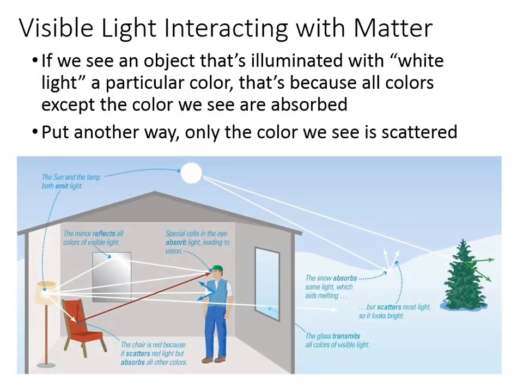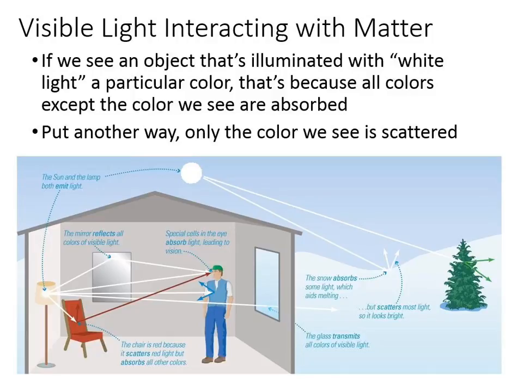We have sunlight landing on several objects here. It's a busy figure. If you see a white object, that means nothing is absorbed. If you see a red object, that means red is reflected and everything else is absorbed.